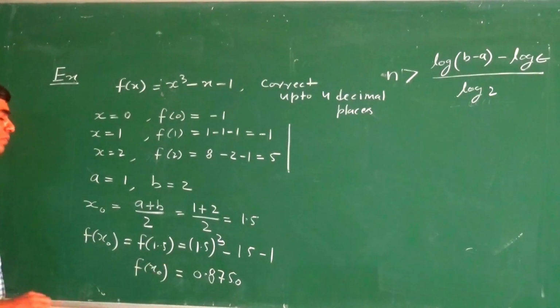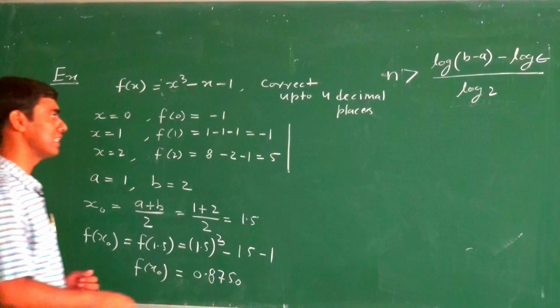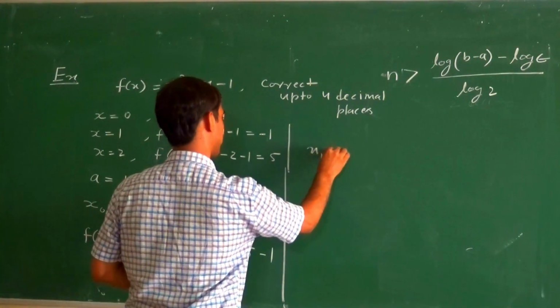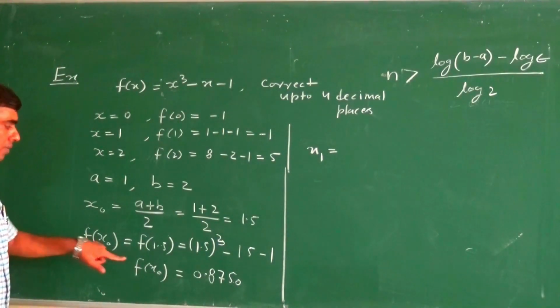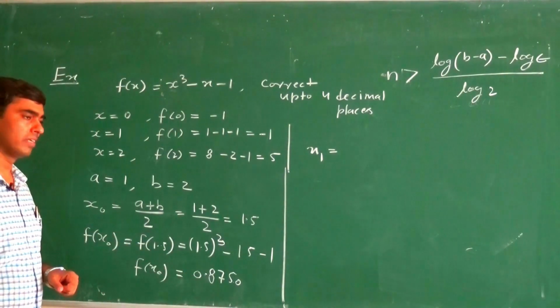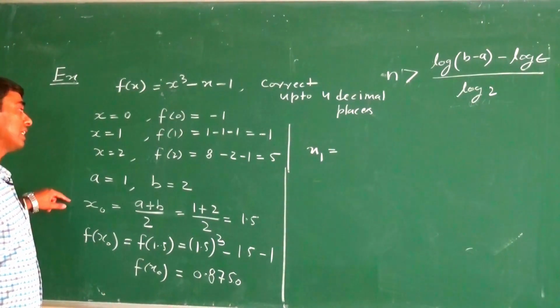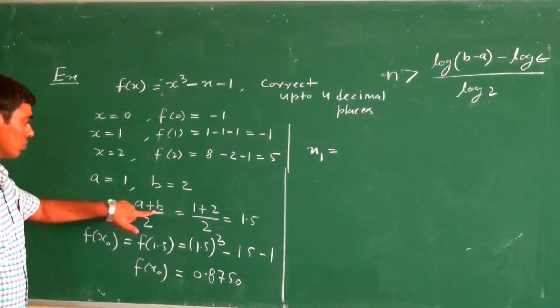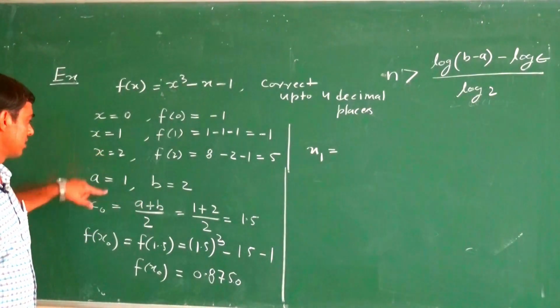Now, if we closely observe, what will happen in the next iteration, means x1? At x0, the value of the function is positive. So we interchange with the value where, in the previous iteration, the value of the function was positive.